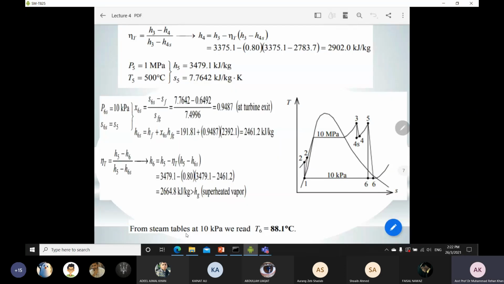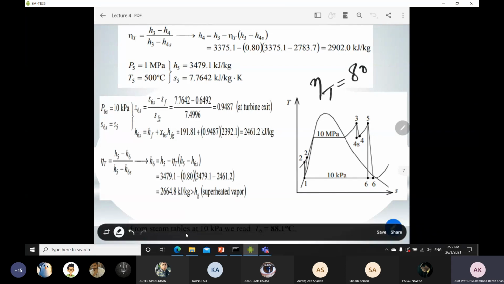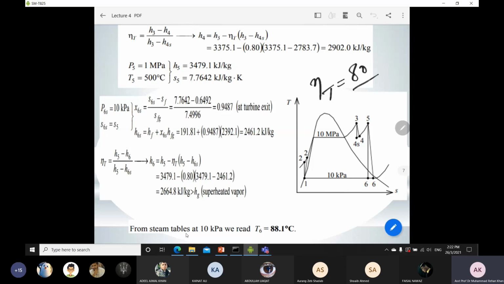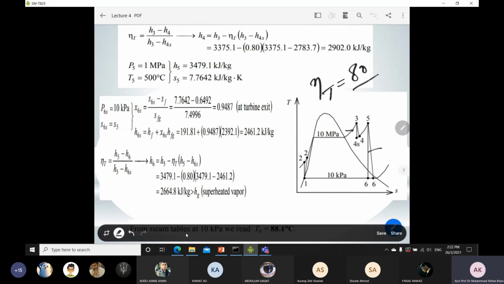It is mentioned that the isentropic efficiency of your turbine is 80%, but it is not mentioned whether it is the low pressure turbine efficiency or the high pressure turbine efficiency. When it is not specified in the question, it means that the isentropic efficiency of both turbines is 80%. So you have to use 80% for this turbine as well as this turbine. But if it is mentioned in the question that the isentropic efficiency of your first turbine is 80% and the second turbine is 90% or some other value, then you have to plug that value into this equation.